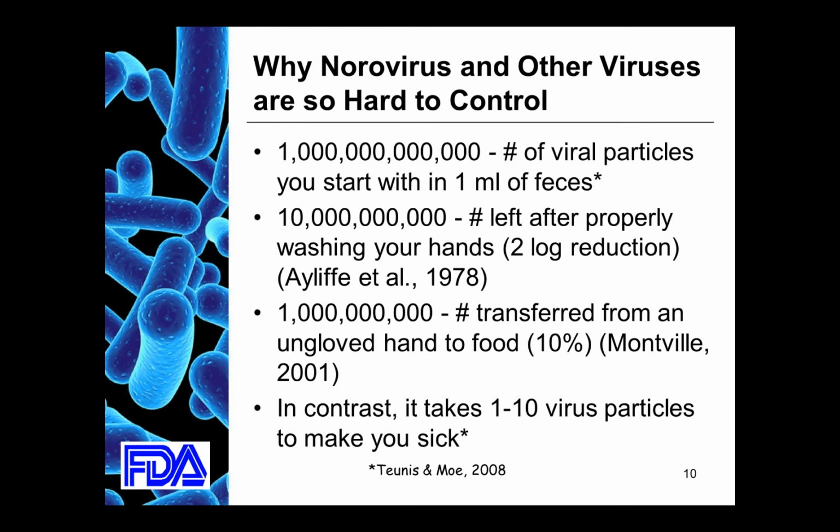But I think if you take a look at what you are starting with and what it takes to make somebody sick, it's pretty apparent how difficult this is to control if somebody is really at their peak shedding for this organism. And that's why we put so much emphasis on the 3 legs of the stool that FDA promotes for protection from contamination for viral agents.